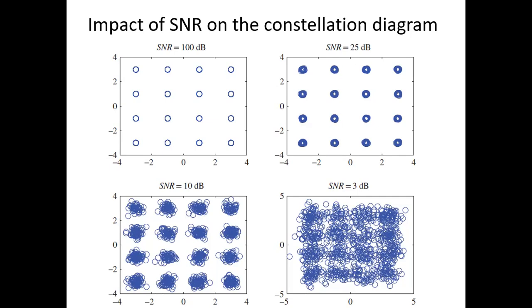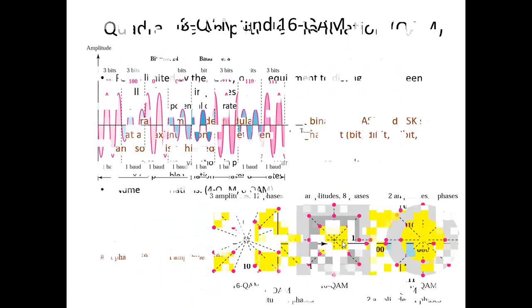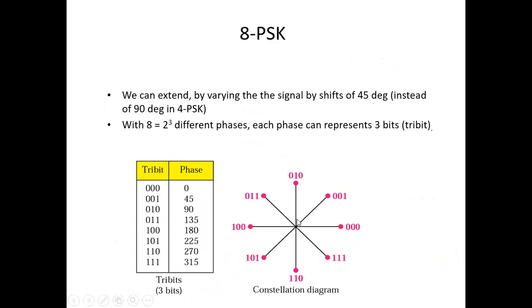Now, if you have a very crowded constellation, when you increase the number of bits in a symbol, like you see, you have 16 different positions, whereas here you had only 4, or here you had only 8.